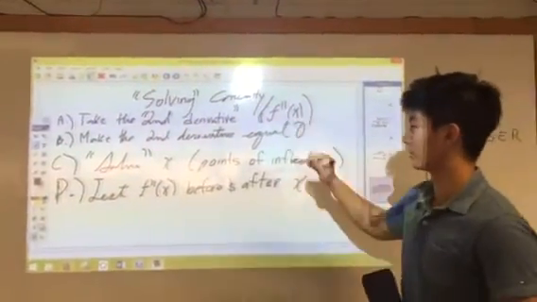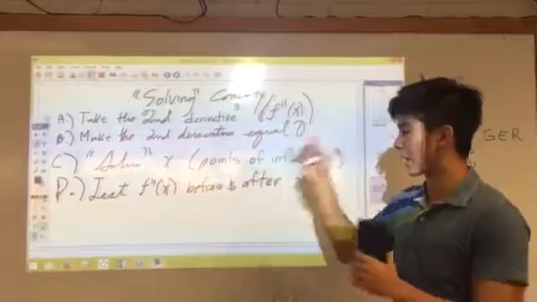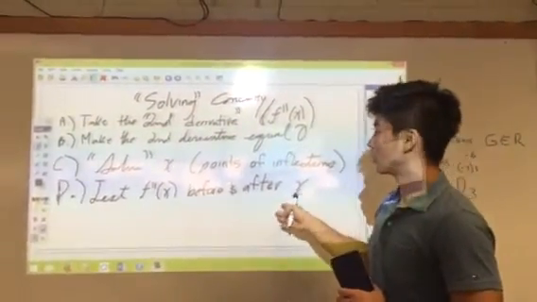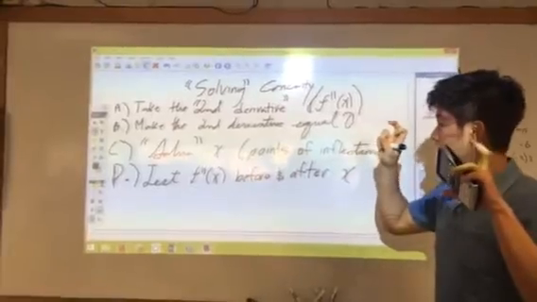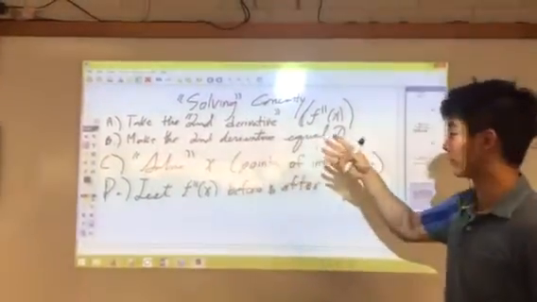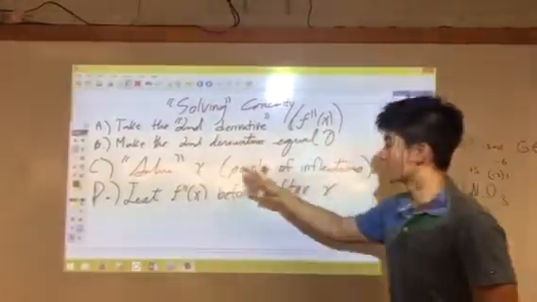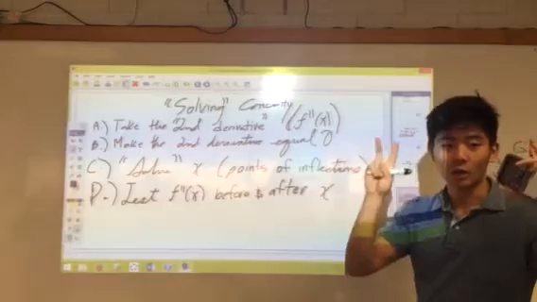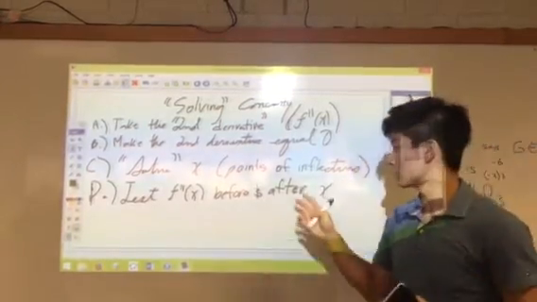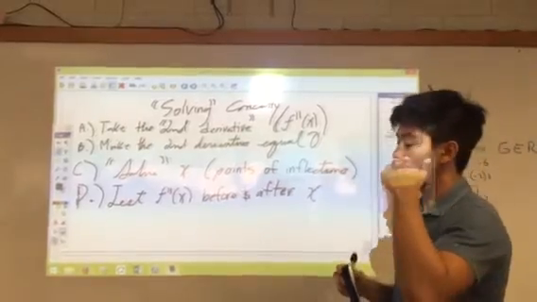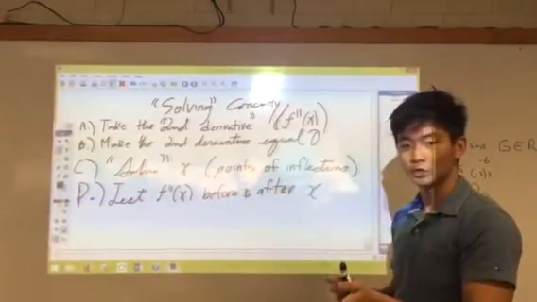Upon taking the second derivative, we have to make that new function equal to 0. In doing so, we are solving the second derivative, and we get values of x that make the second derivative equal to 0. These x values that make the second derivative equal to 0 are known as points of inflection. These points of inflection are x values at which the concavity of the graph changes.